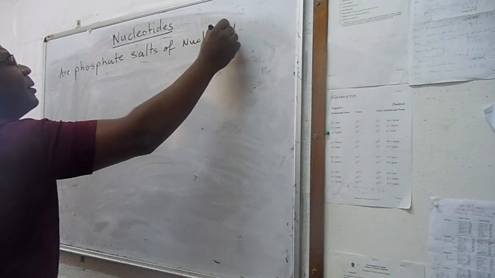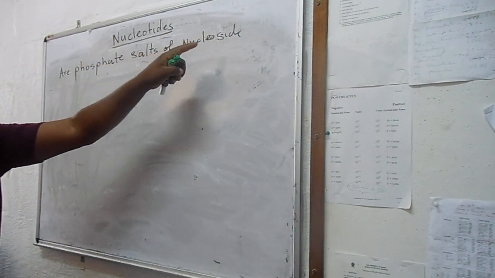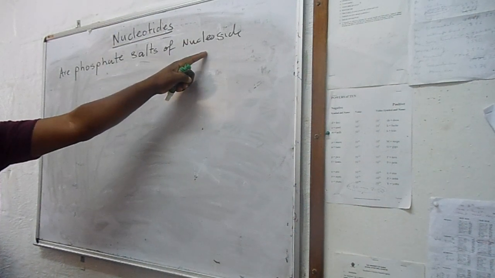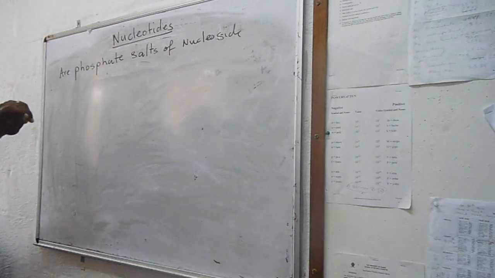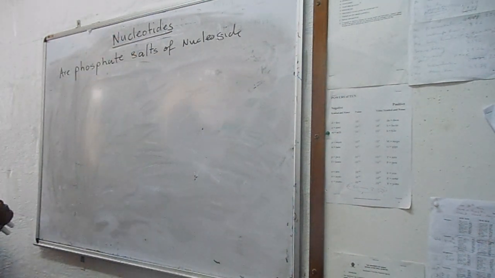So a nucleotide is just a salt of a nucleoside. For instance, if you add a phosphate to a nucleoside, you form a nucleotide.